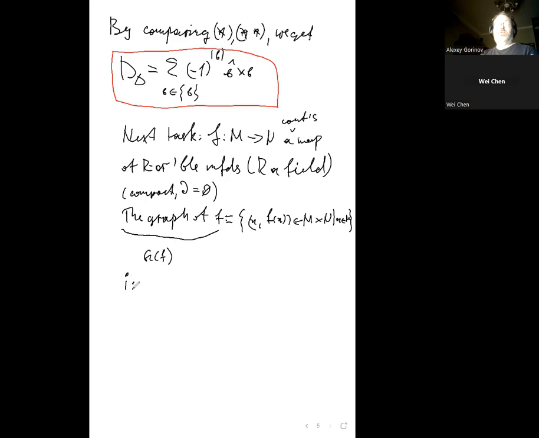There is a map I from G of f into M cross N for the inclusion.